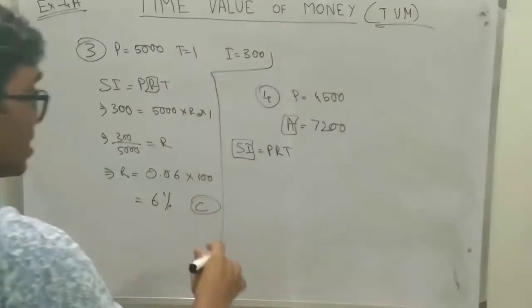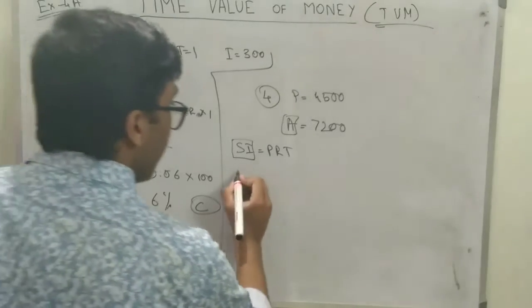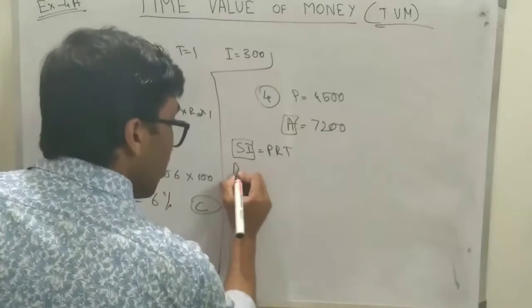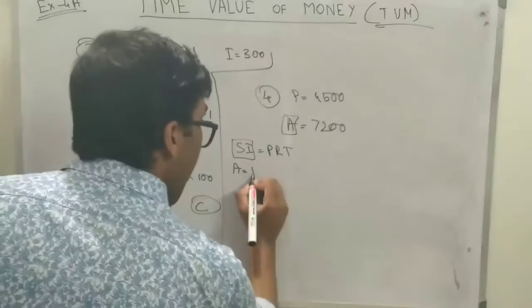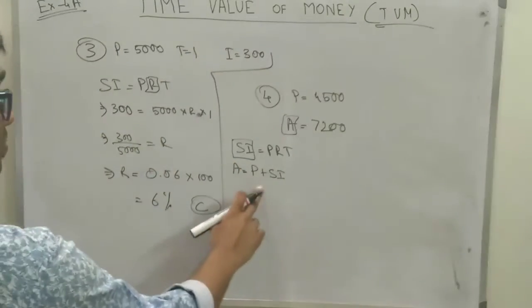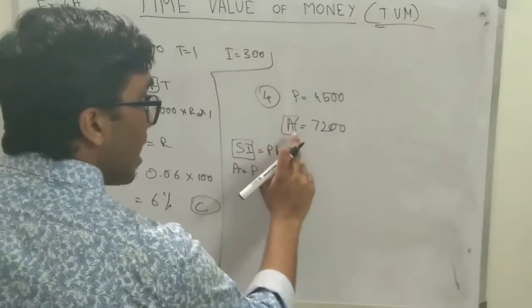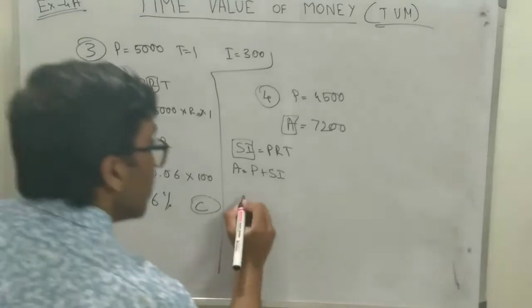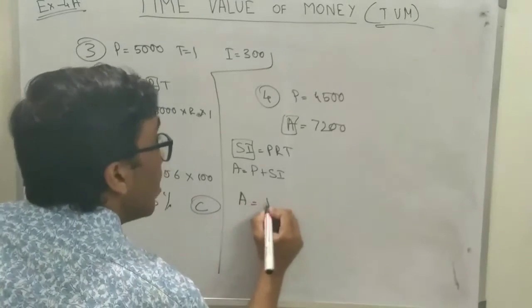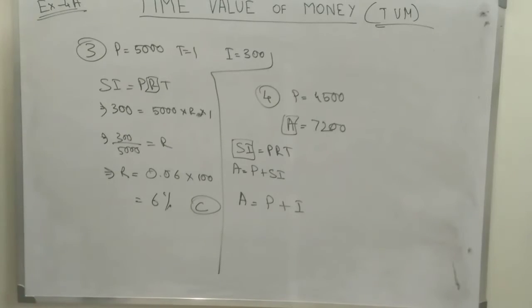With this you are just getting the interest amount, but for getting the net amount or the accumulated amount, you have to add principal with the interest you are getting. That means P plus simple interest. So over here this accumulated amount is given. That means accumulated amount is equal to P plus simple interest, and you are asked to calculate simple interest.